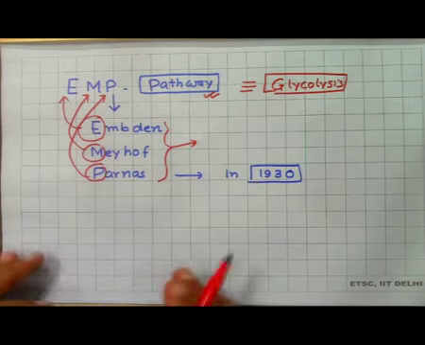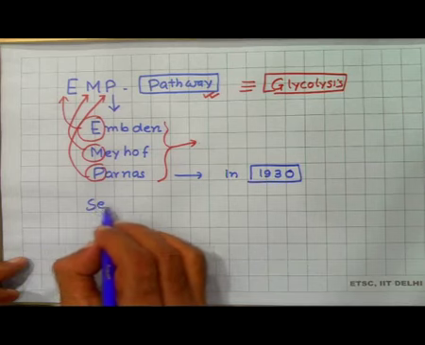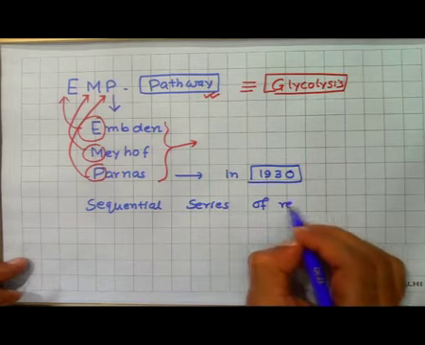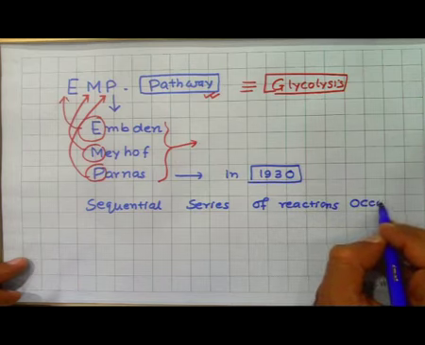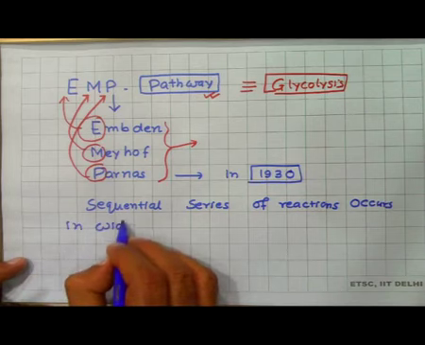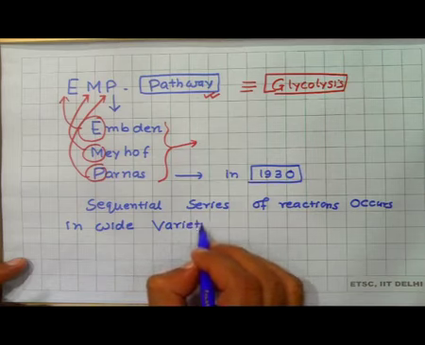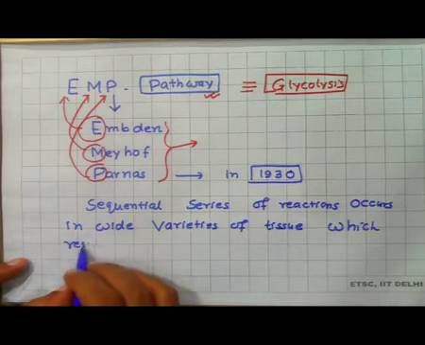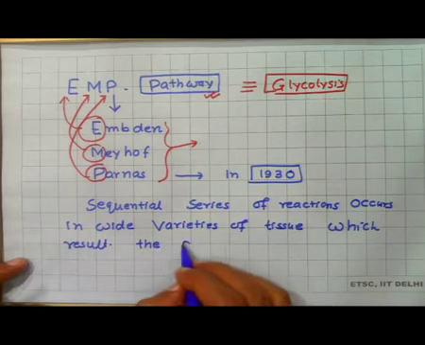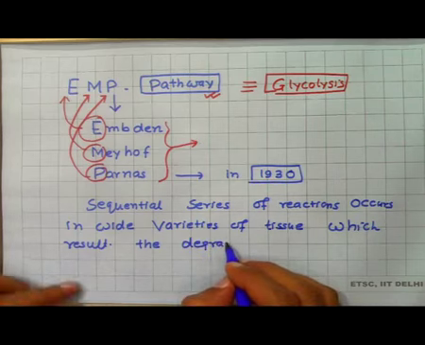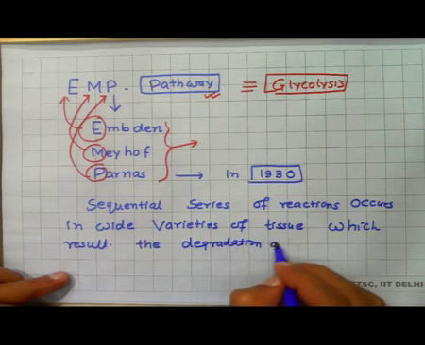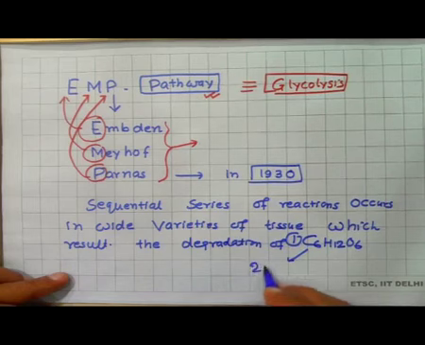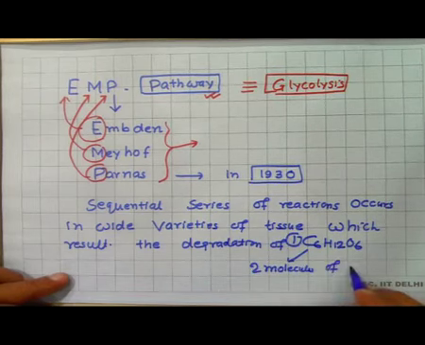Glycolysis we can define simply: it is a sequential series of reactions occurring in a wide variety of tissues which results in the degradation of a glucose molecule, that is 1 molecule of glucose into 2 molecules of pyruvic acid.